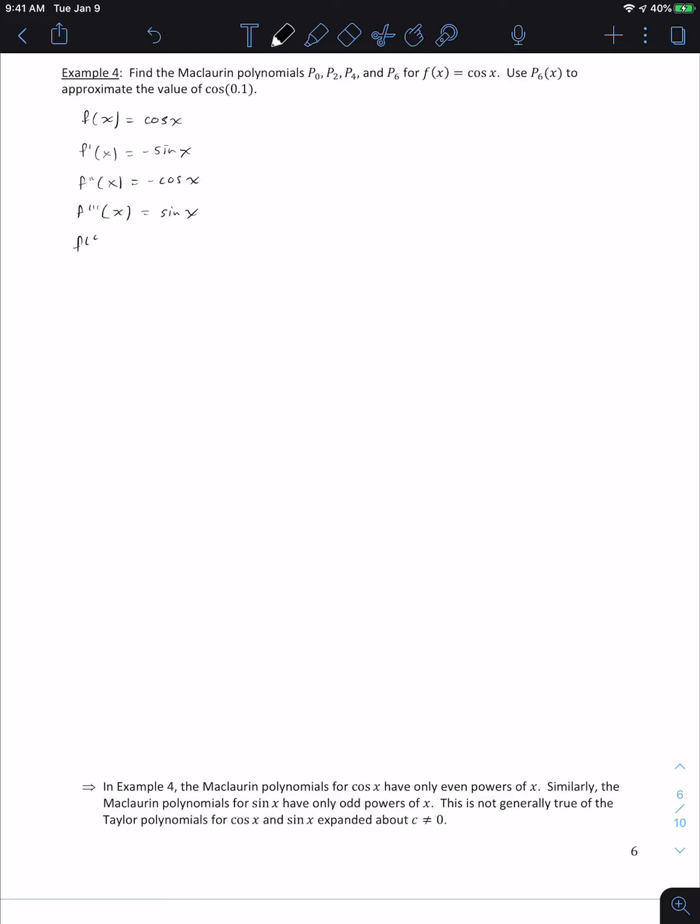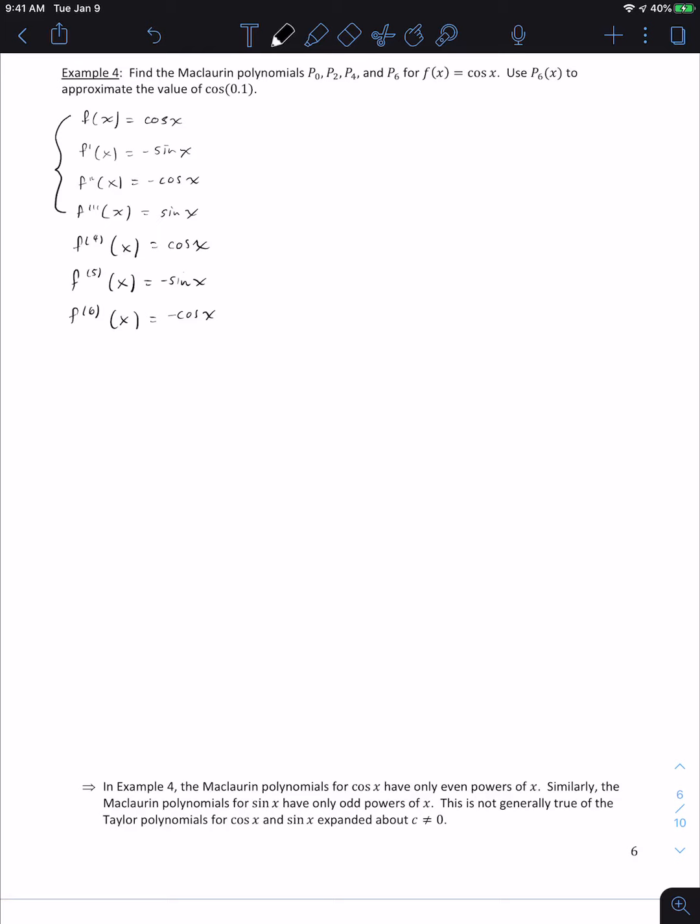And then the fourth derivative is cosine x. So we're back where we started. So after 4, this pattern repeats, but we'll go ahead and write what they all are. The fifth derivative is negative sine x, and the sixth derivative is negative cosine x. Why am I going to 6? Because I said I want the sixth polynomial, which is of degree 6, so I need the sixth derivative.